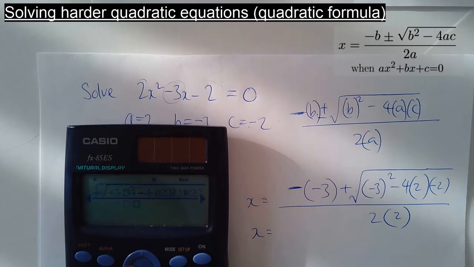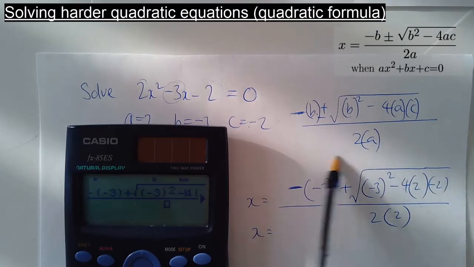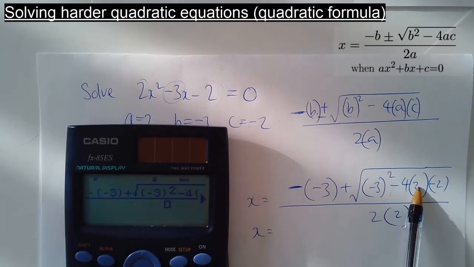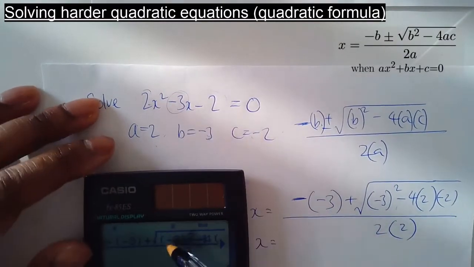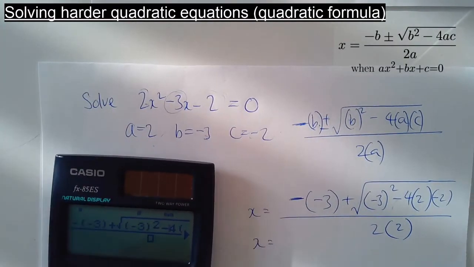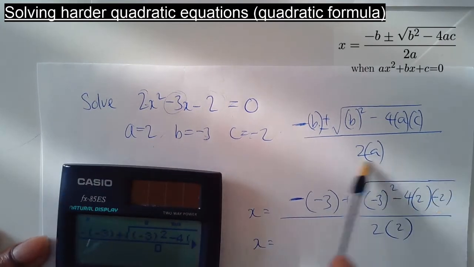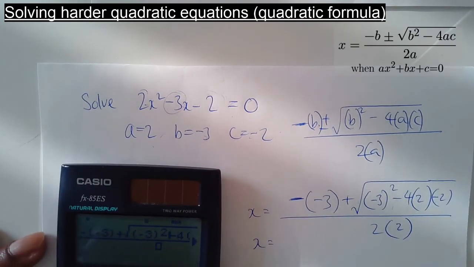It's always useful to check that what you've got here matches what you've got on your paper. And that's why it's useful to have this on a piece of paper. If you try to put these numbers directly into the calculator, you might easily miss something. So it's better to have this as part of the working out.